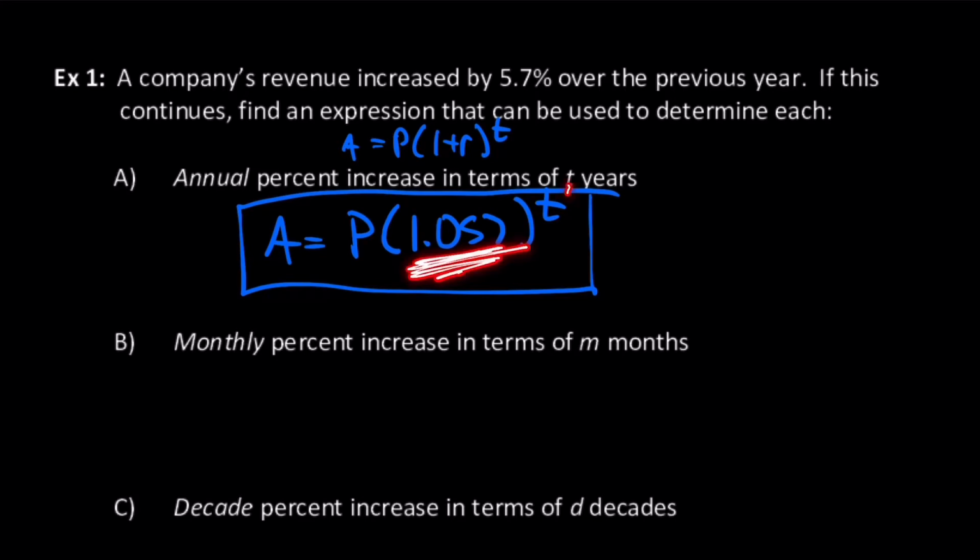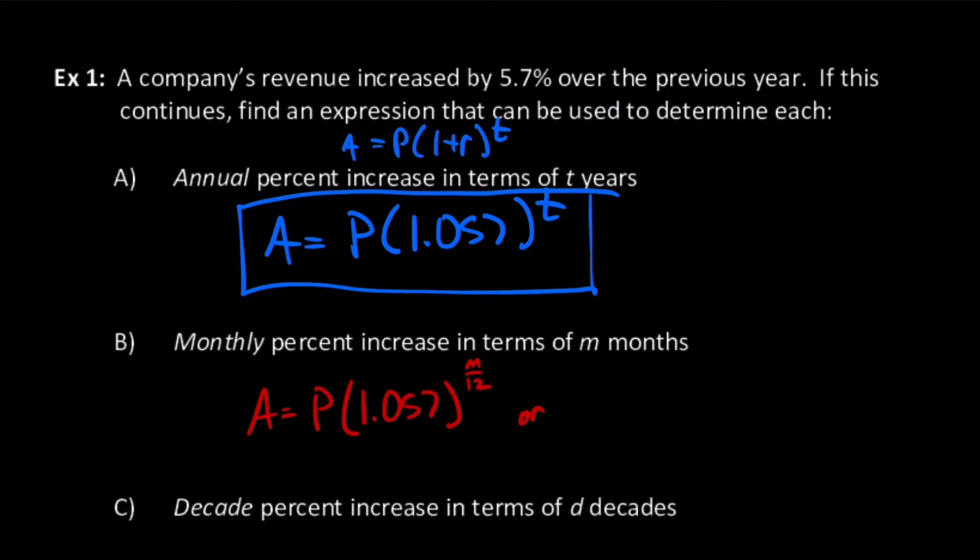But what do we have to do to the exponent to make this less? We have to divide. All right, so we're going to change our unit of time to m months, and we're going to take this and just divide that by 12. Okay, so now I've got A equals P times 1.057 to the m over 12.